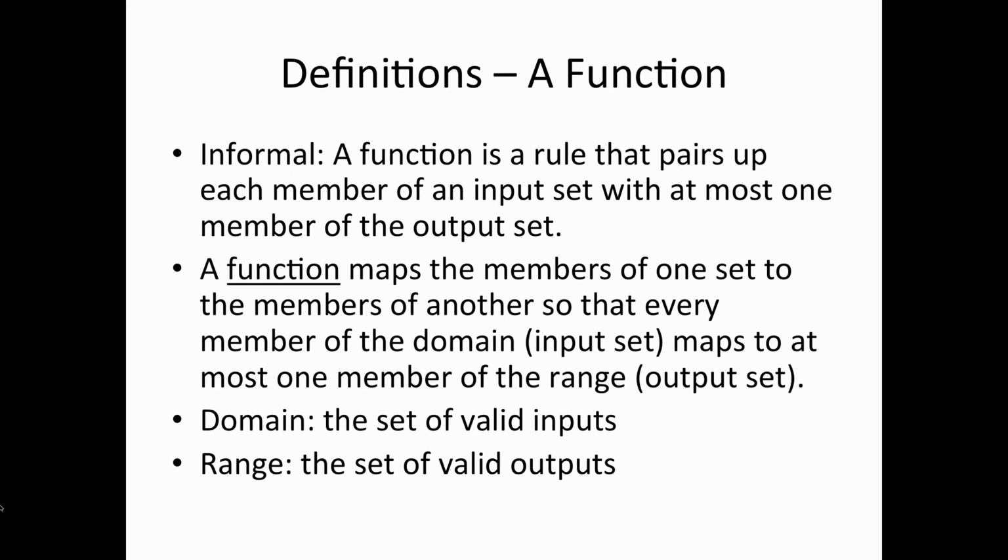A function, and here's a formal definition, maps the members of one set to the members of another set so that every member of the domain, the input set, maps to at most one member of the range, the output set. The domain is the set of valid inputs, and the range is the set of valid outputs.